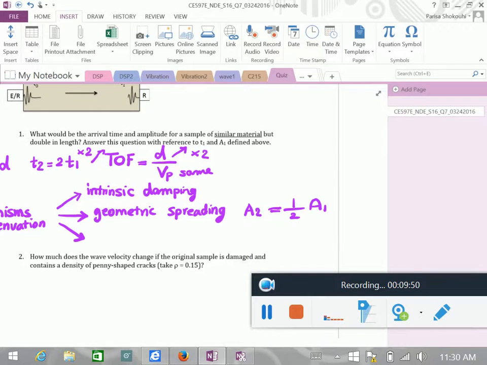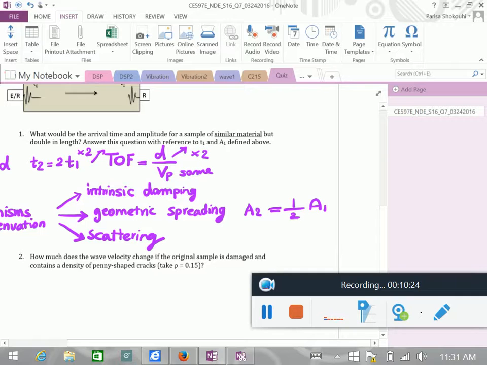Now, just because of geometric spreading, what was the third mechanism of attenuation Tiffany told us about? Scattering. So why does scattering happen?